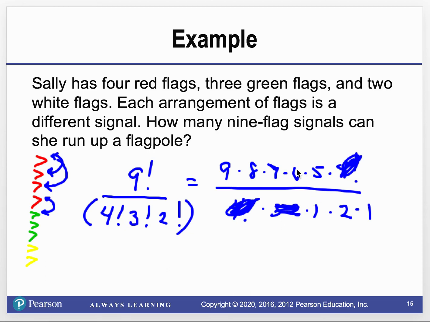This 6 will cancel, and I can take a 2 out of there. So what I really need to enter in my calculator is 9 times 4 times 7 times 5, or 36 times 35, right? 1,260.